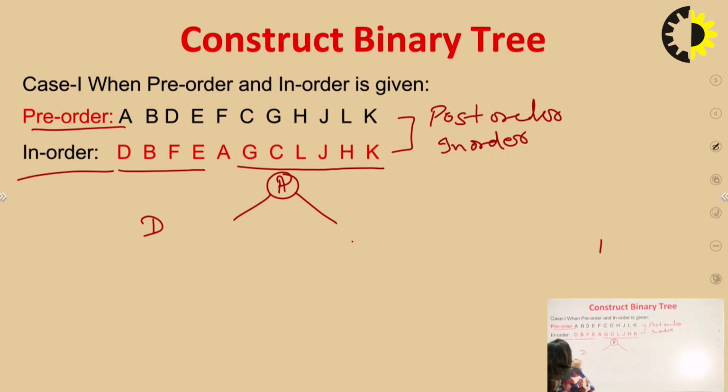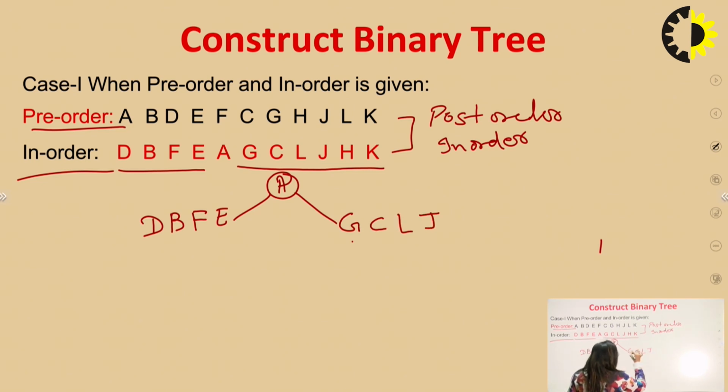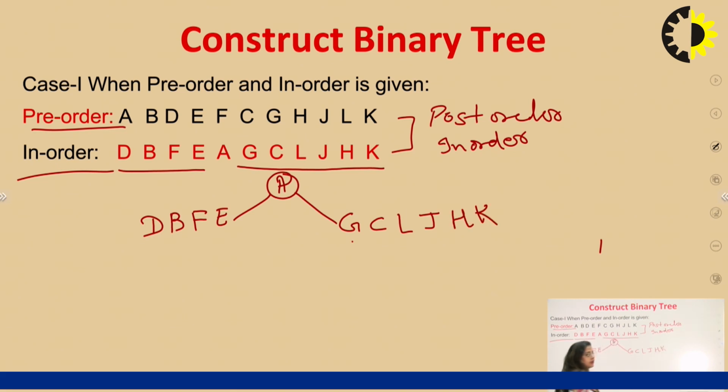So according to this, these nodes D, B, F and E will come to the left side, and G, C, L, J, H and K, these remaining nodes, will come to the right side of A. Now check pre-order again. The second turn is B. So where is B? B is here. So B here is working as a node. So here we use simple B.